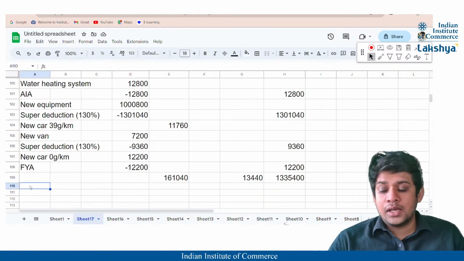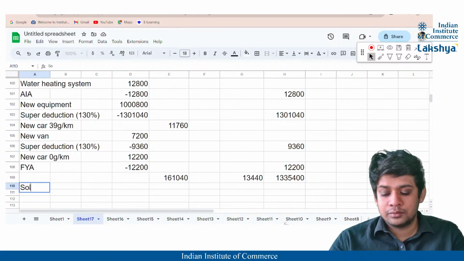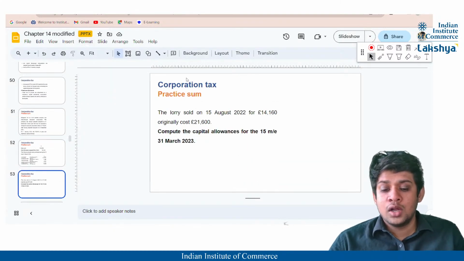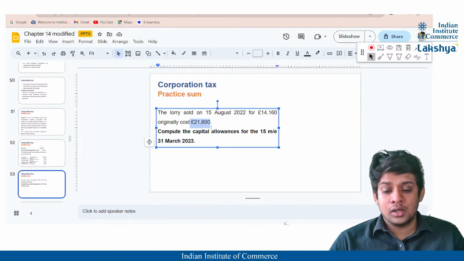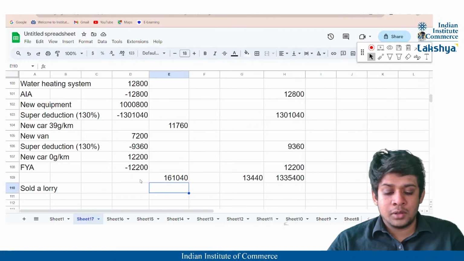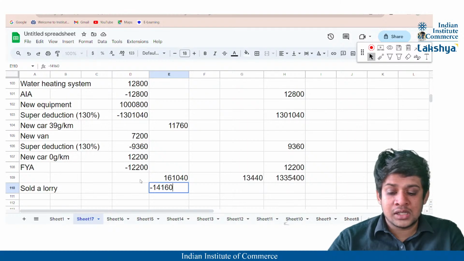Right? Now guys, lastly, I have sold a lorry. The lorry was sold for 14,160 pounds, and its original cost was greater than it. So obviously we take the lower of these two, and it will be 14,160 pounds. So that will be deducted from the main pool, 14,160.